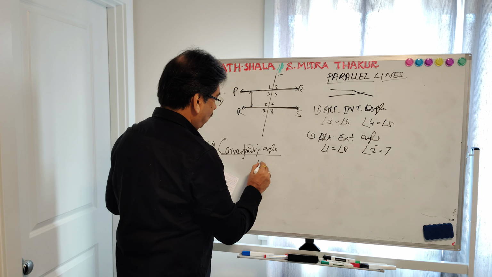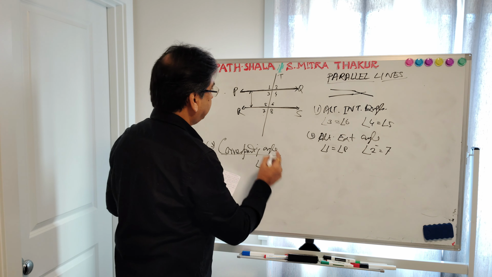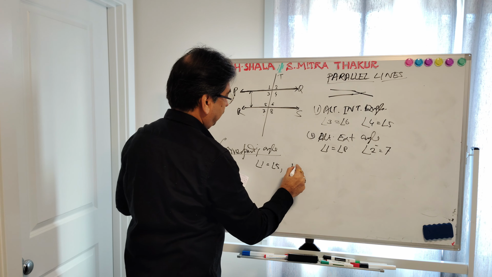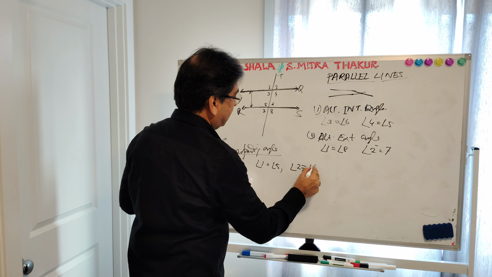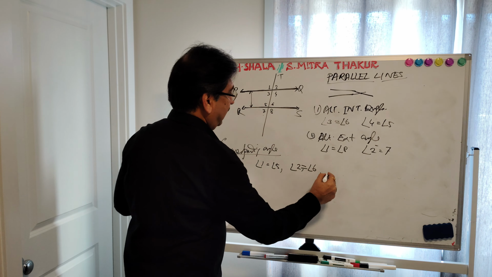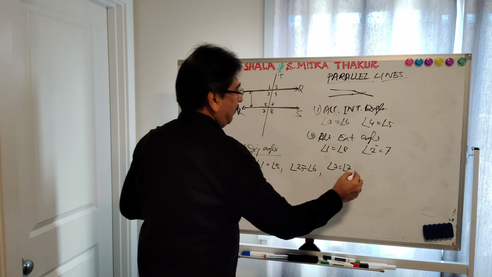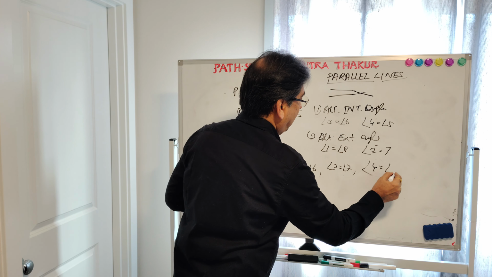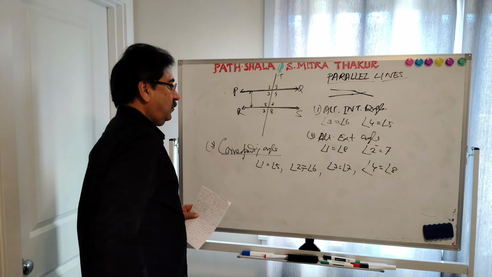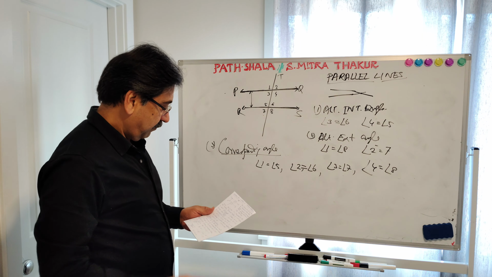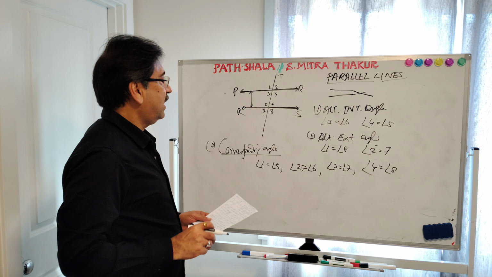Suppose angle 1 is equal to angle 5, angle 2 is equal to angle 6, angle 3 is equal to angle 7, angle 4 is equal to angle 8. Right? All corresponding angles are equal.